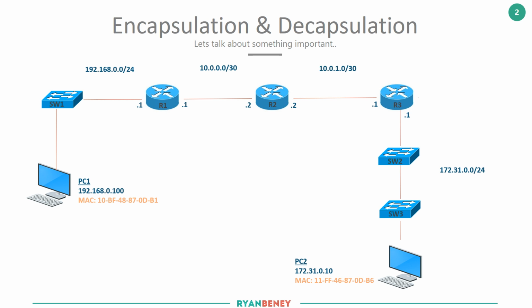What we also need for communication to work is our layer 2 physical addresses. So these are our MAC addresses. They're sometimes called physical addresses, sometimes called hardware addresses, and some people call them the burned in address, BIA. But ultimately, every NIC card, network interface card, on any device has a unique MAC.